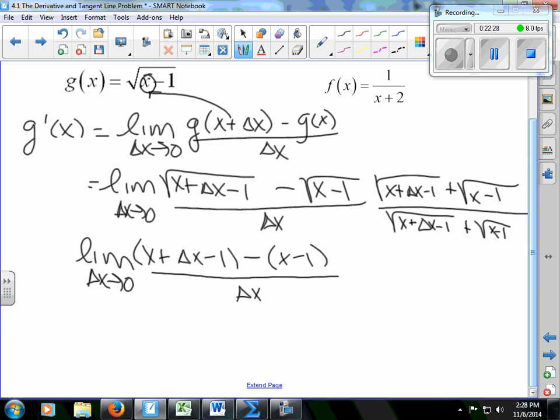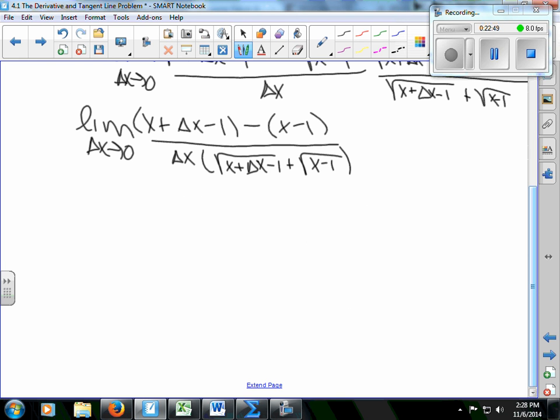Notice how your teacher is being extremely careful about distributing negatives. And in the denominator, again, do not multiply this out. You only want to multiply out the conjugate in the part where you have a conjugate pair. The other part you want to leave alone because something's going to cancel.